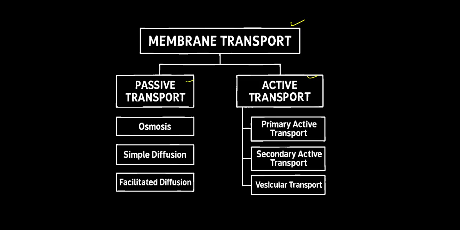So the main difference between the two is that passive transport requires no energy expense, and active transport requires energy in the form of ATP.